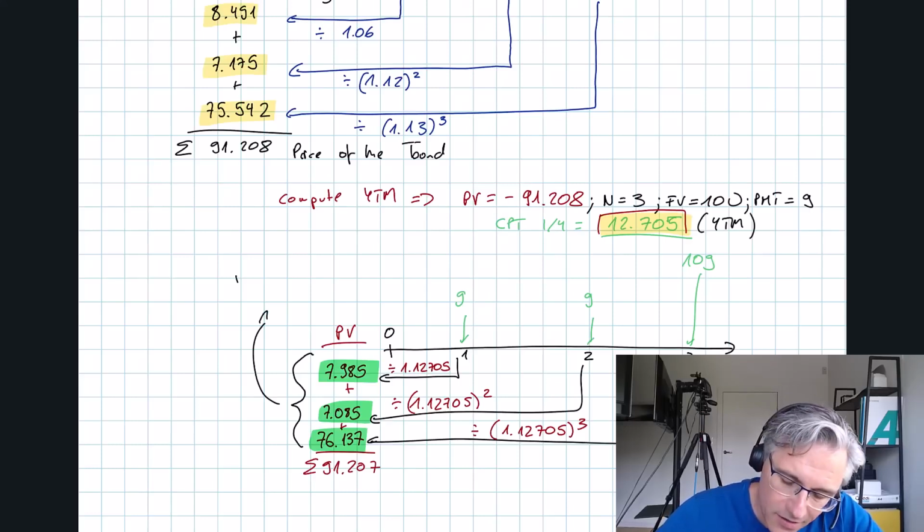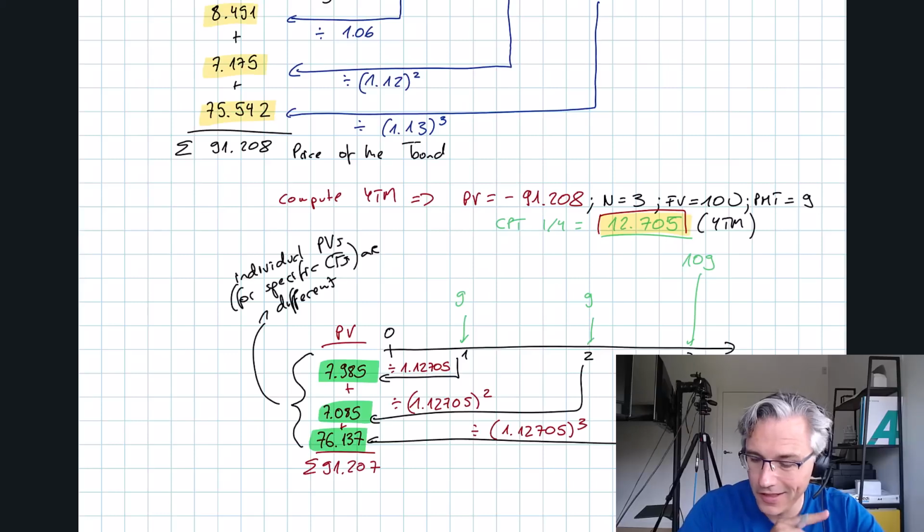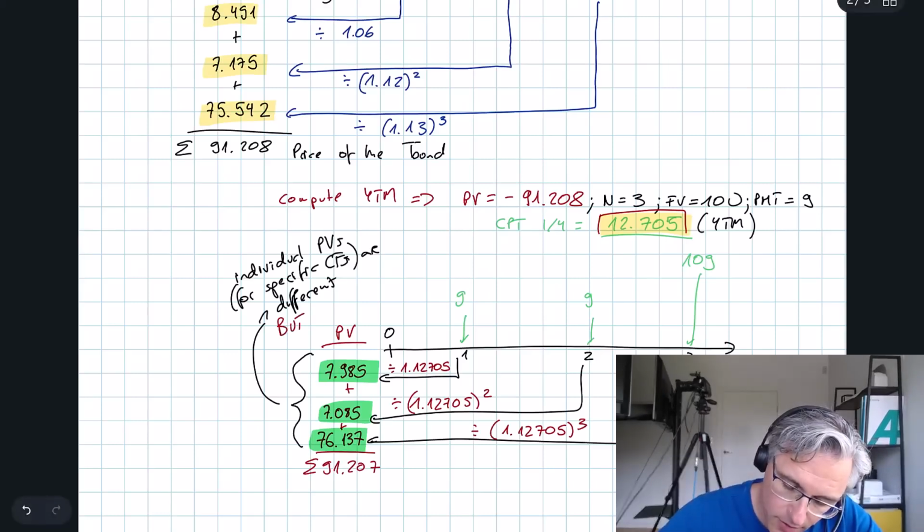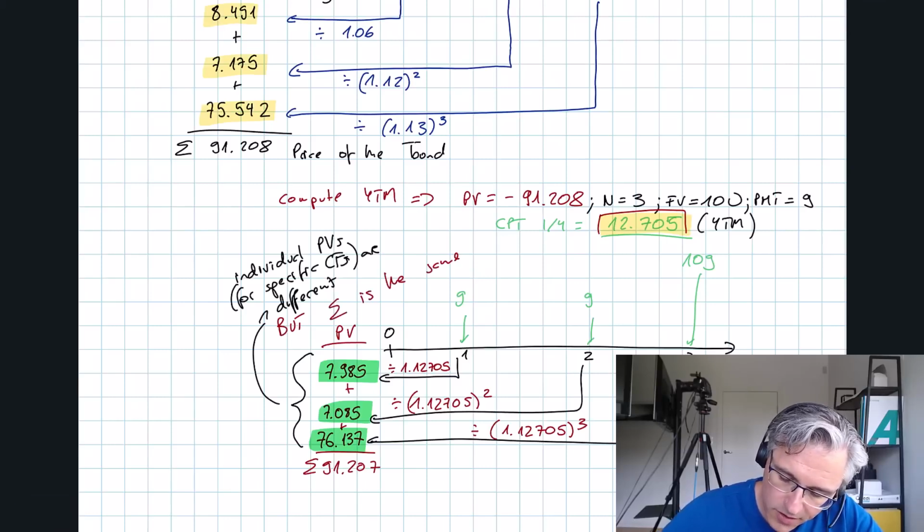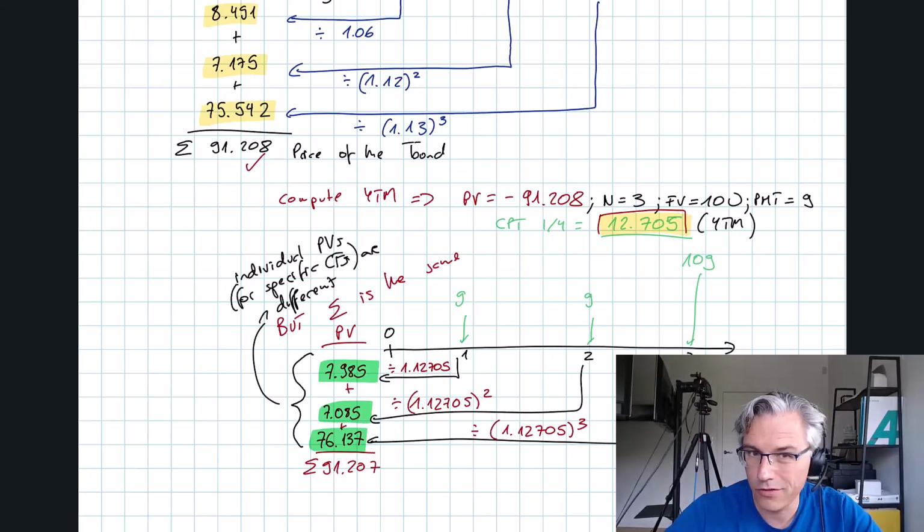The individual present values for the specific cash flows from the bond are absolutely different than the ones I highlighted in yellow just a moment ago. But please note that the sum is the same, or almost the same. We had 91.208 here and 91.207.